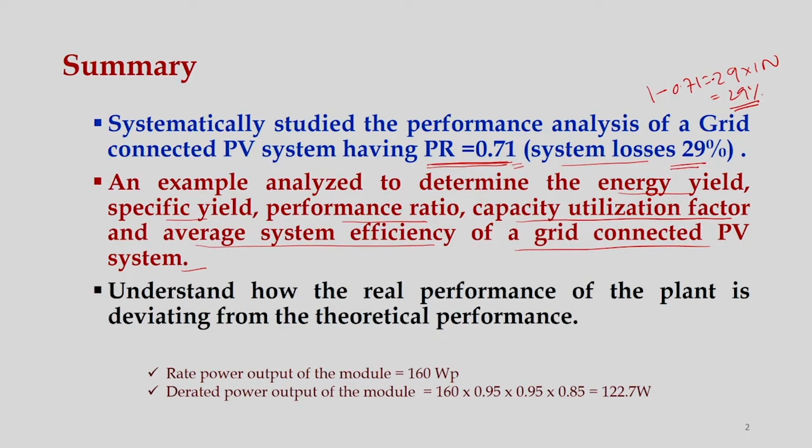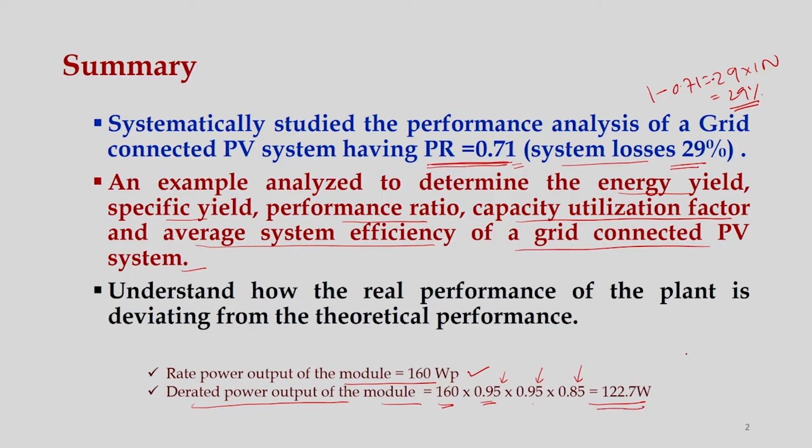As you can see, the rated power output of the PV array or module is about 160 watt peak. If we consider a single module, the derated power output of the module will be, if we multiply by 0.95 for manufacturer tolerance, 0.95 for dirt and 0.85 for temperature, 122.7 watt.